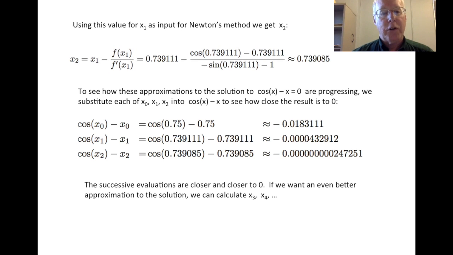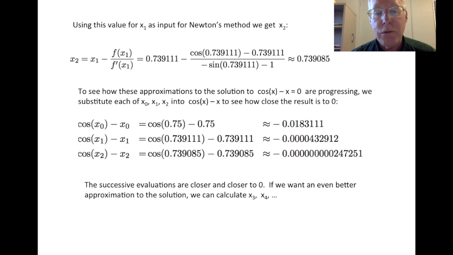So how are things looking? Let's just put these values x0, x1, x2 into cosine x minus x. For the x0 value, we see that that difference comes out to be about negative 0.01. That's not too bad. That's pretty close to 0. So we made a pretty good first guess. The x1 does better. We have 0 to 4 decimal places.